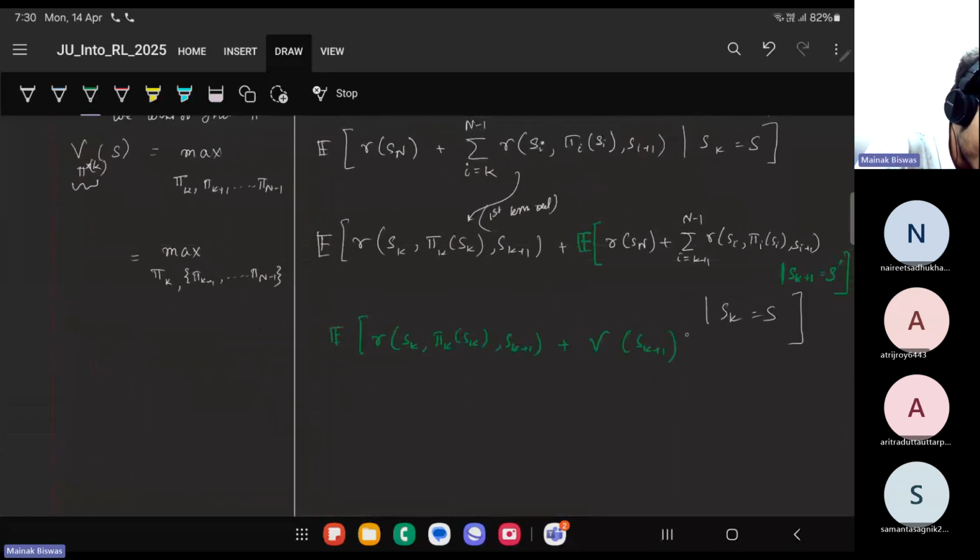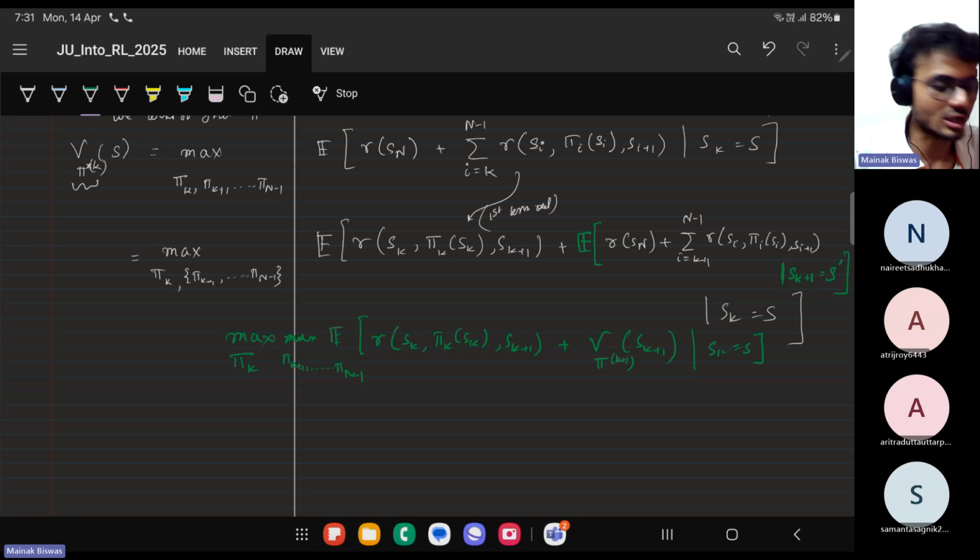So V of Sk plus 1, this is pi of the policy Sk plus 1. This is the sub policy, right? And conditioned on Sk equal to S. So now this is maxed over pi k and also max over pi k plus 1 to pi n minus 1. So now, can you tell me one more trick to do? See, this inner summation, if you have to maximize, which term depends on pi k plus 1 to pi n minus 1?